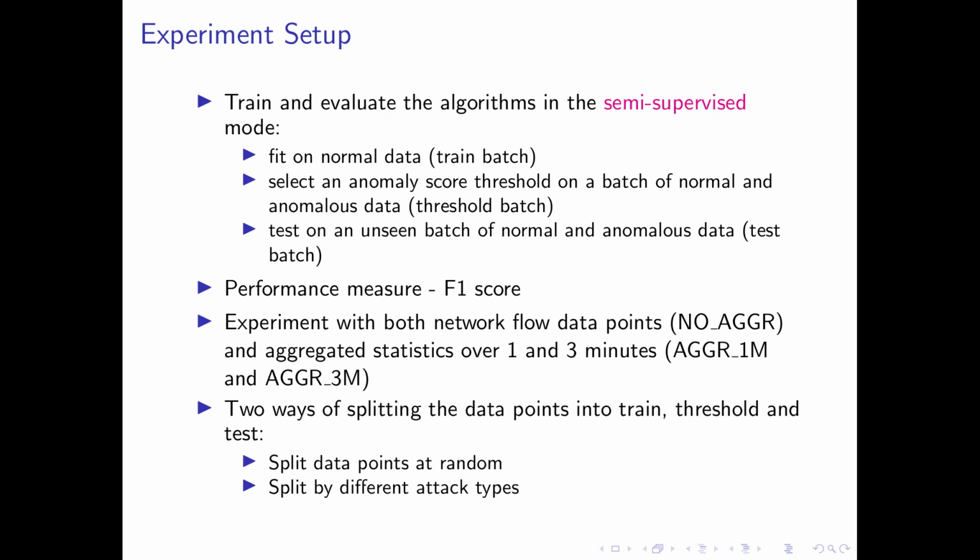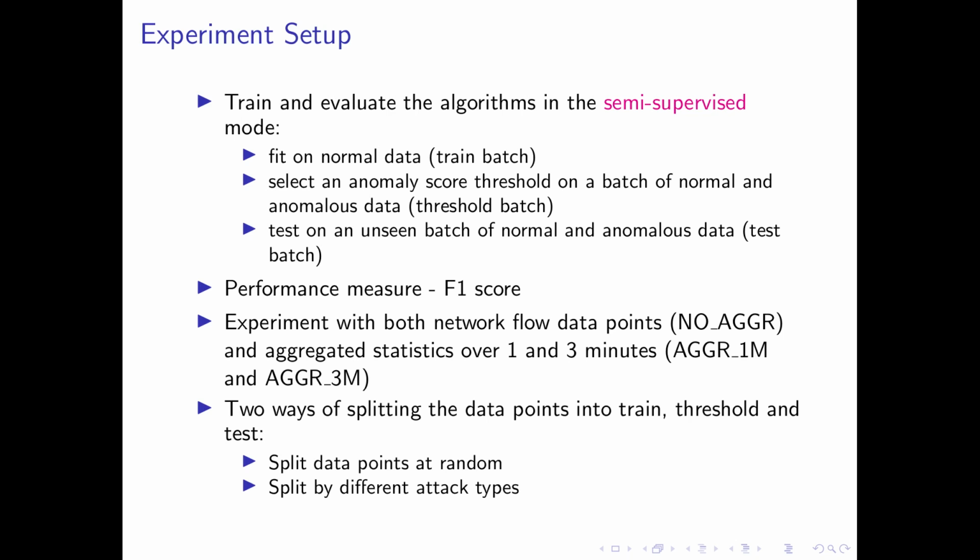And then we select an anomaly detection threshold and hyperparameters on the so-called threshold batch, which contains both normal and anomalous data. And then we evaluate the model on a batch of normal and anomalous data points unseen during training, which we call the test batch. Our main performance measure is the F1 score, since we have class imbalance here.